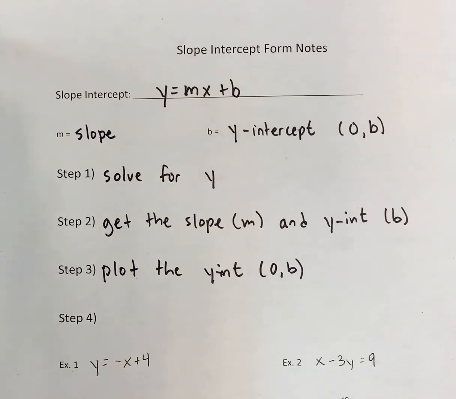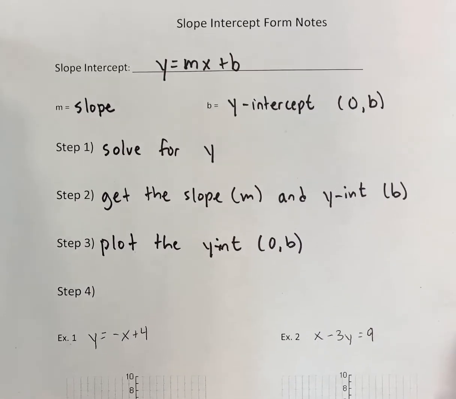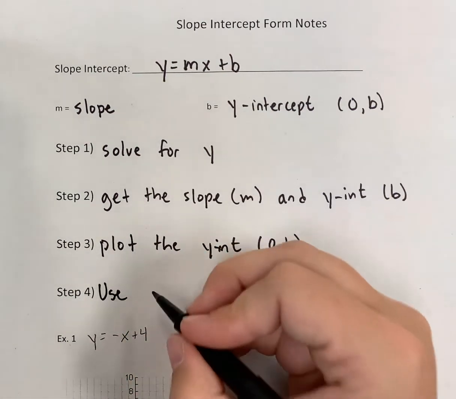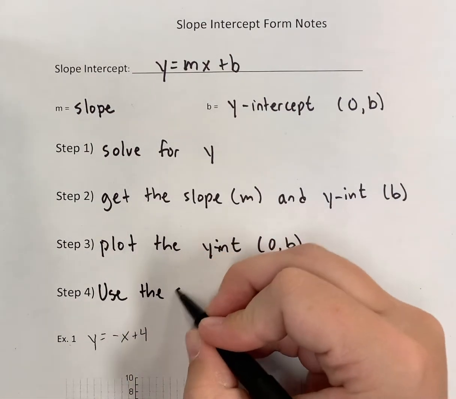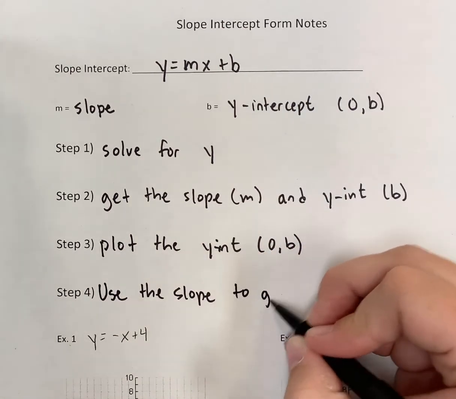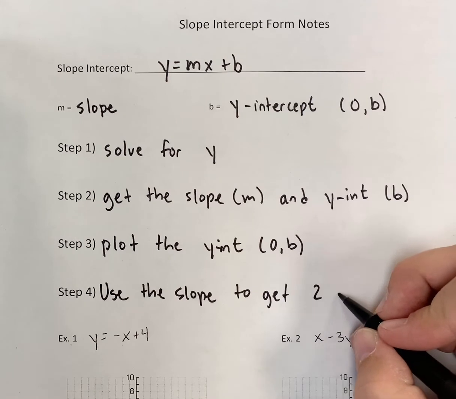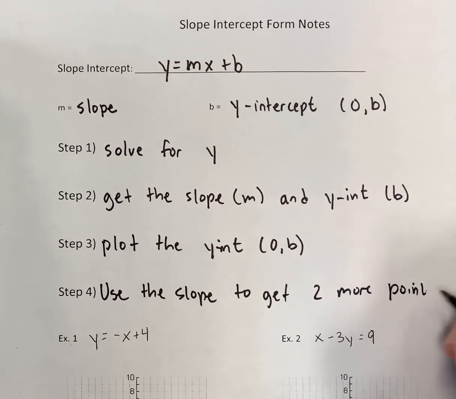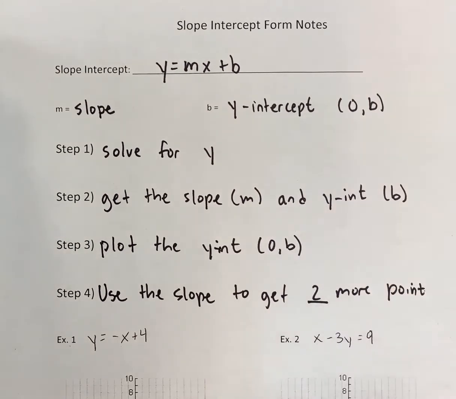And then last but not least, step 4 says you want to use the slope to get 2 more points. The important part here is you want to get 2 more points. You're going to have 3 points altogether before you actually draw your line.